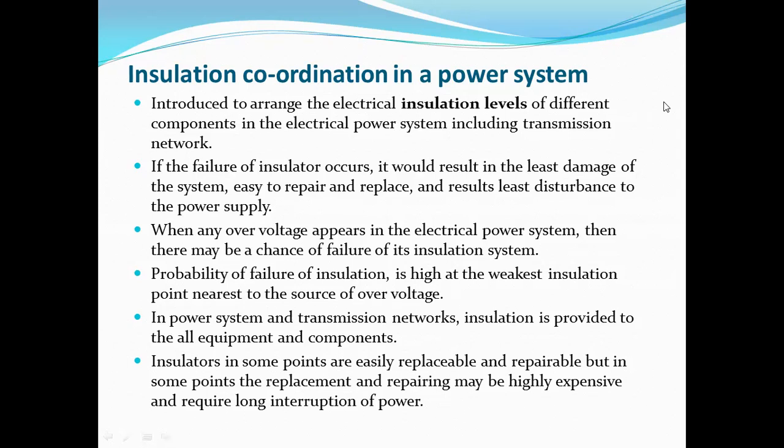So what happens? The voltage of that pole or the transmission line or the equipment immediately increases. If that voltage increases, it will damage that equipment, or it can also damage the line.